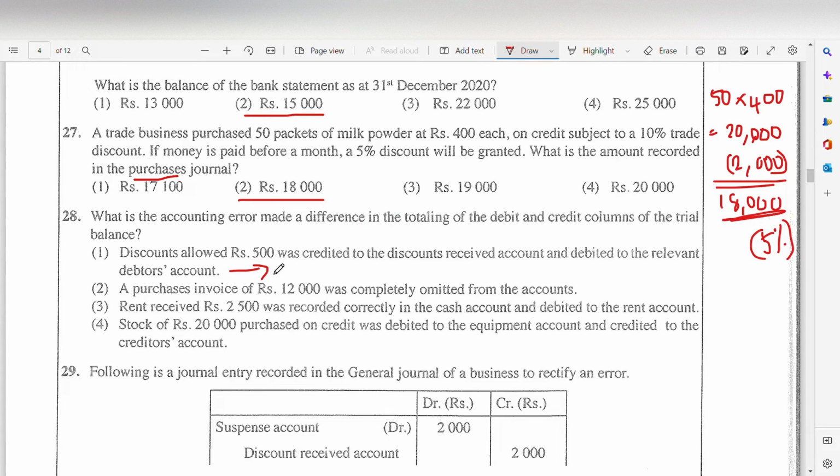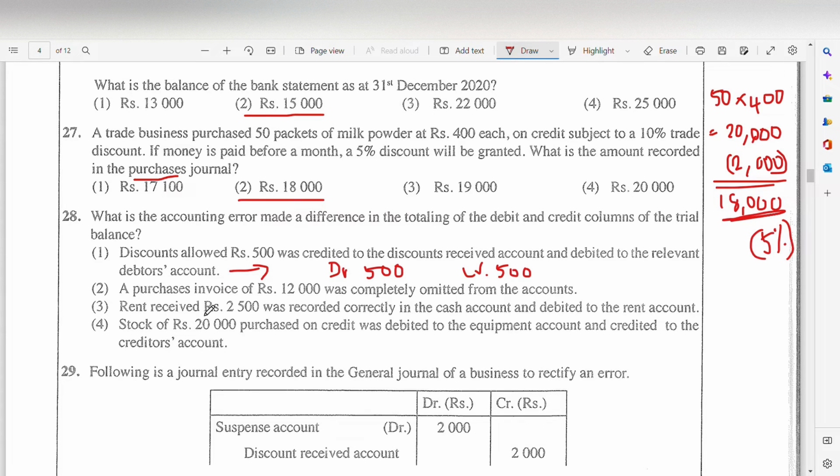You have debited debtor's account. Yes, it's wrong, but it's balancing. You have debited 500 and credited also 500. So, answer 1 is not the answer here.